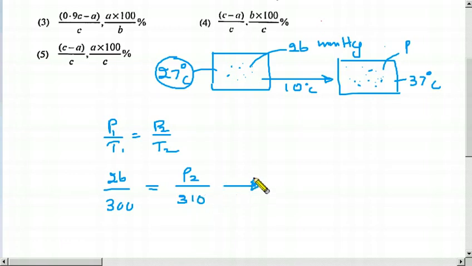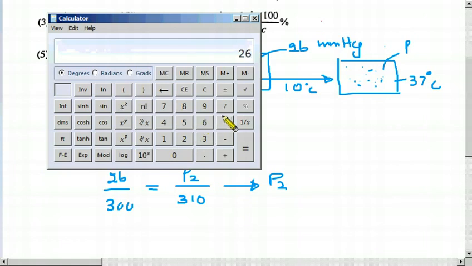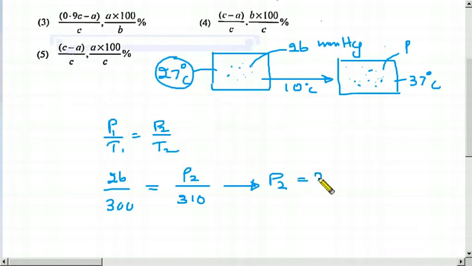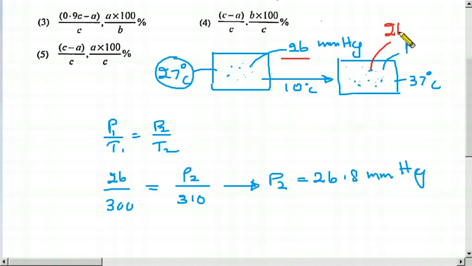So if you calculated P2, 26 times 310 divided by 300, we get 26.8 mercury millimeter. So initially it was 26, now it is 26.8. The change is only 0.8 mercury millimeter.